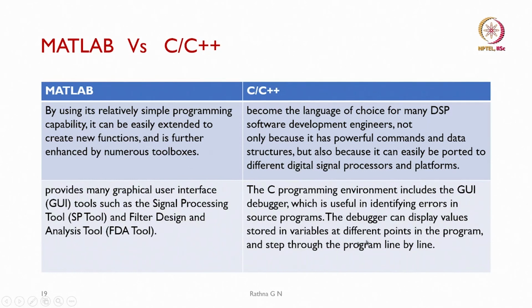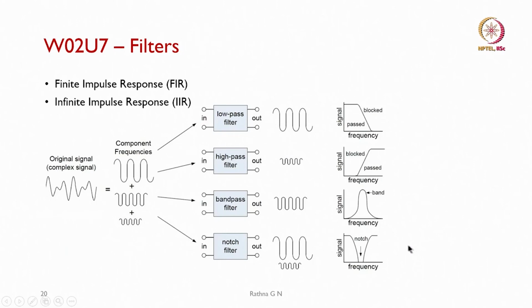It can display values stored in variables at different points in the program and step through the program line by line, which we will take up in the lab and see. So, this ends the constraints when designing a DSP processor for real time applications.